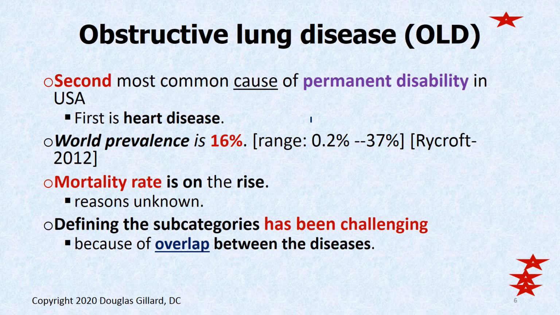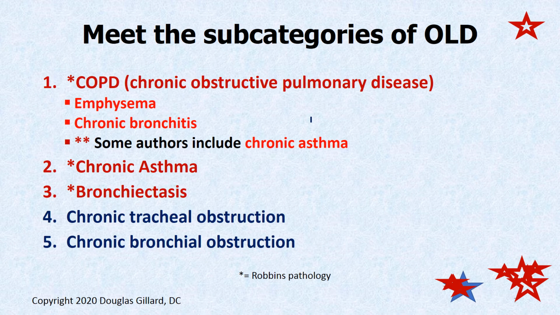Subcategorizing OLD has been challenging because diseases, especially 3 diseases, overlap. So here's the main subcategories of obstructive lung disease. COPD, chronic obstructive pulmonary disease, it's not an AKA for obstructive lung disease. It's one of the subcategories of obstructive lung disease.